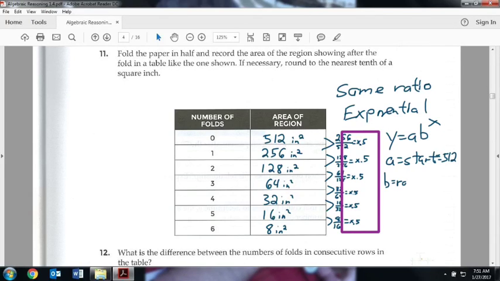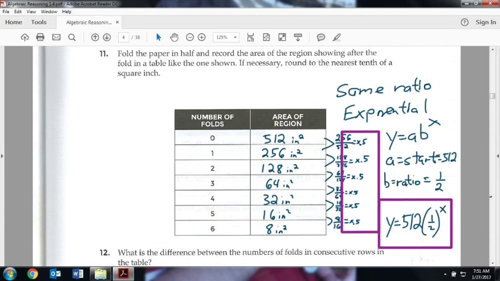B is your ratio, so in this case it is 0.5, or I'll write 1/2 because I'd rather do it with a fraction, but 0.5 is fine too. So the way we write it is y equals 512 times 1/2 to the x. That would be the equation for this one. All right, there we go.